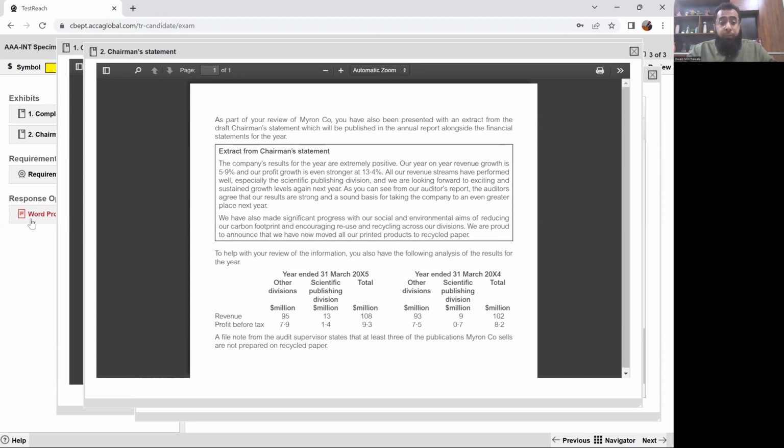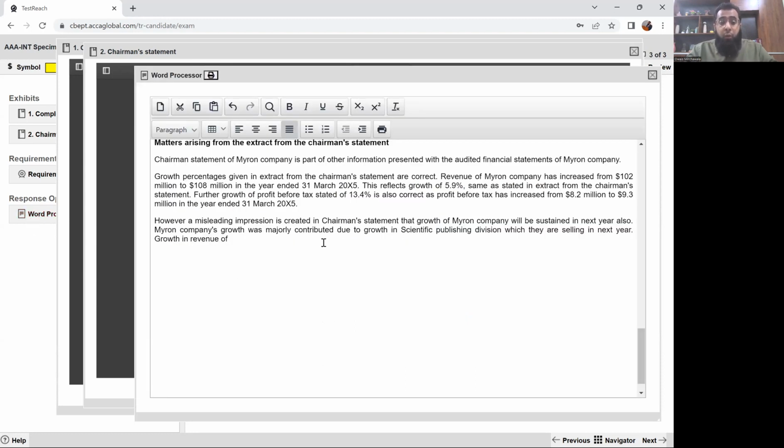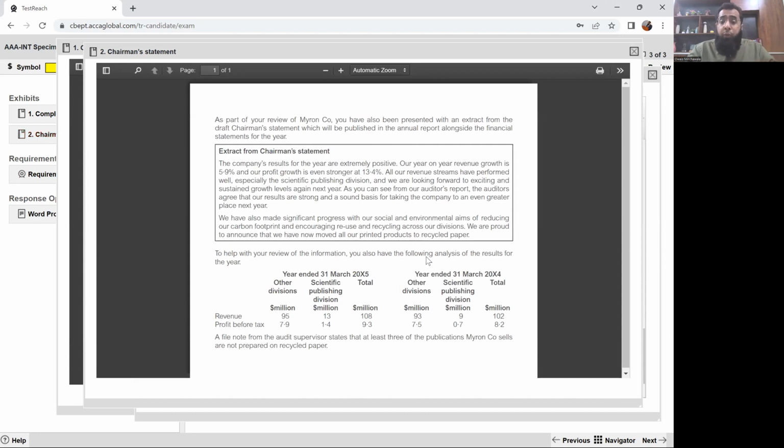Growth in revenue of Myron company was $6 million, from which the scientific publishing division contributed $4 million. It is very important that you use the numbers.